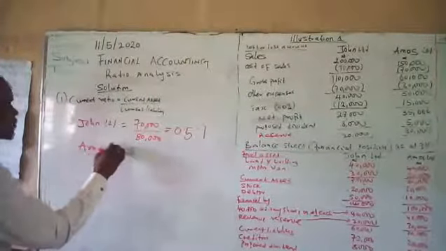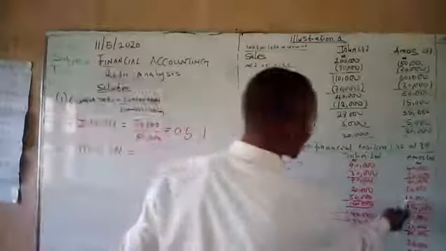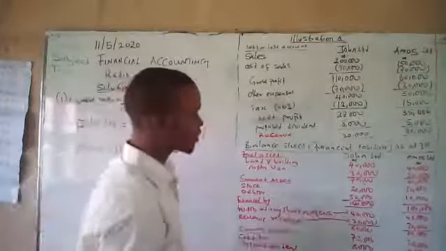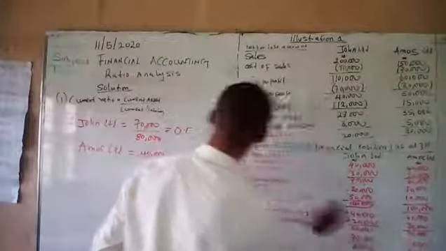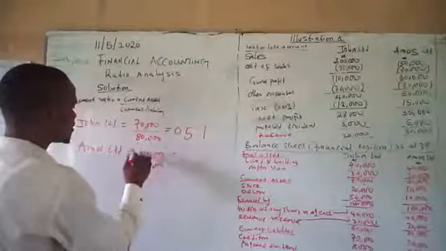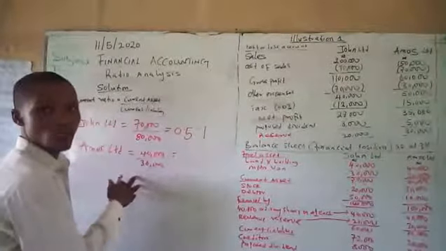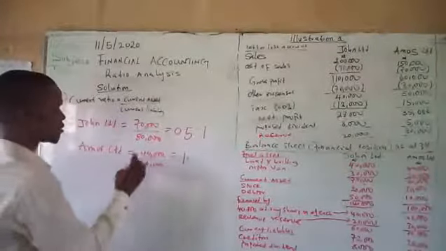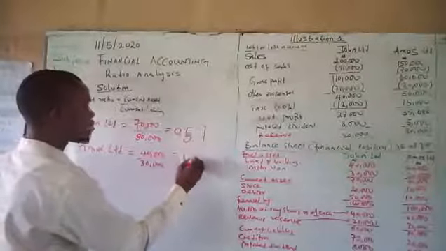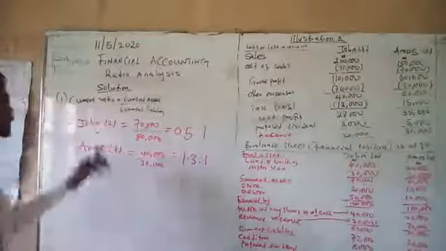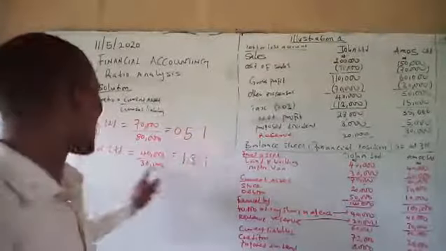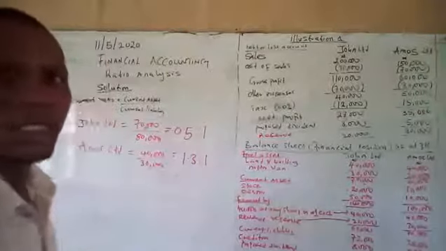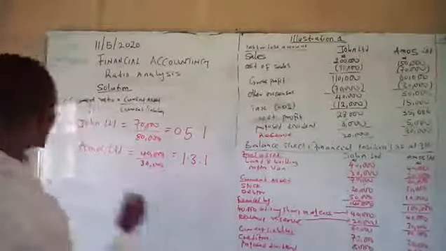For Amos Limited, the current asset is 40,000 naira, and the total current liability is 30,000. So we have 40,000 divided by 30,000, which gives 1.3:1. Here, the current ratio of John is 0.5:1, while that of Amos Limited is 1.3:1.